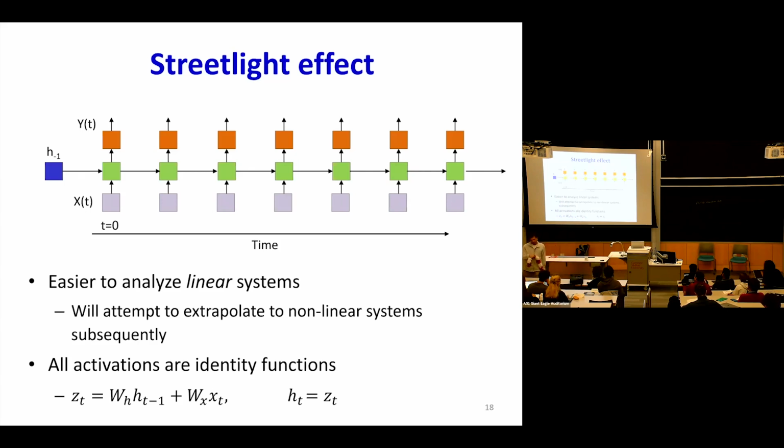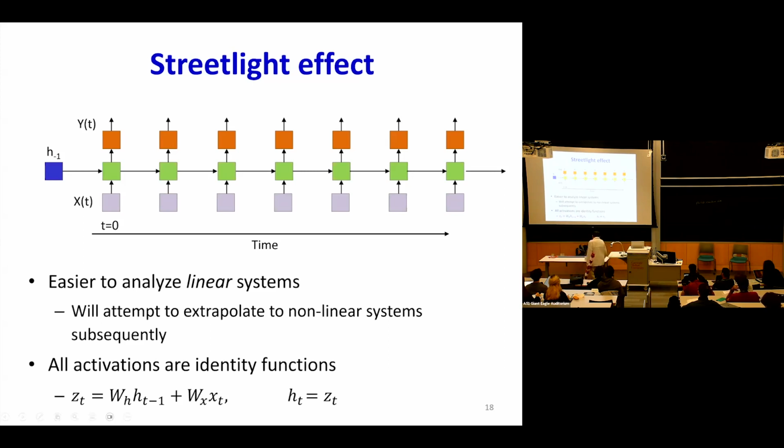So h_t equals w_h, which is the recurrent weight, times h_{t-1}, plus w_x times x_t. And the output is just the affine value itself because the activation is linear. So h_t is simply z_t, right? So I can just write this as h_t, I could have just written h_t right here for the recurrence.